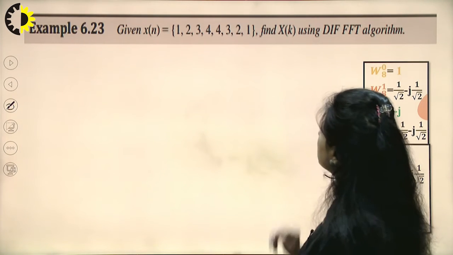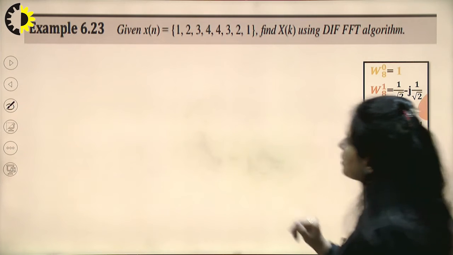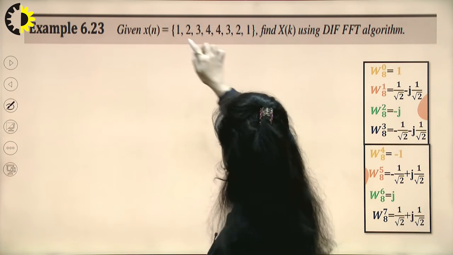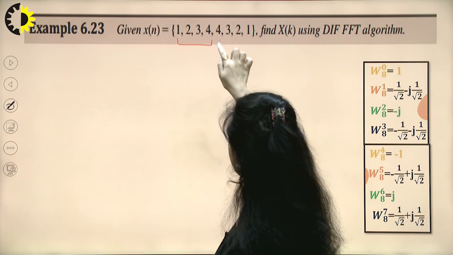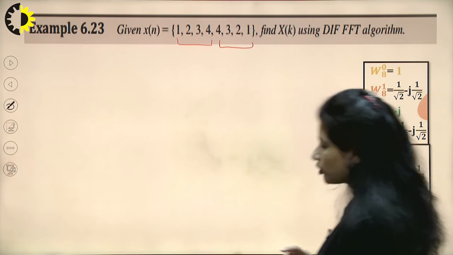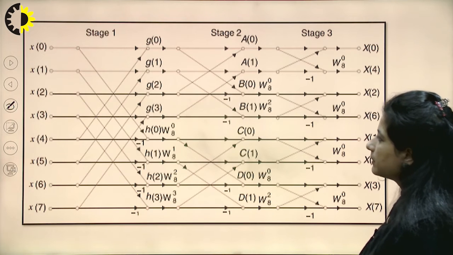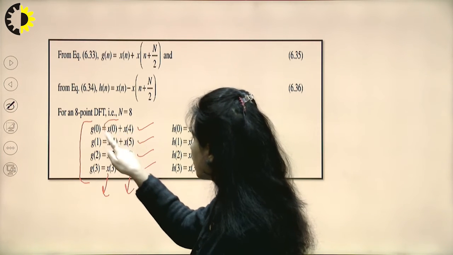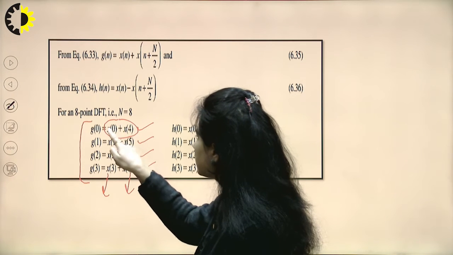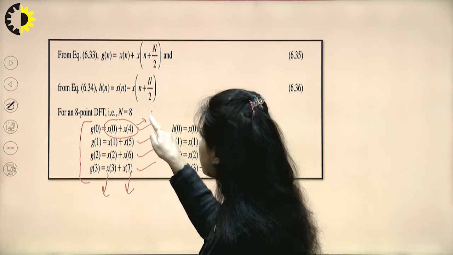So this is an example numerical in which my x[n], here n is equal to 8, has the samples 1, 2, 3, 4 in the first half and 4, 3, 2, 1. Talking about the weights, how to weigh these samples: if G0 is the sum of these two values, these values should have a certain weight.